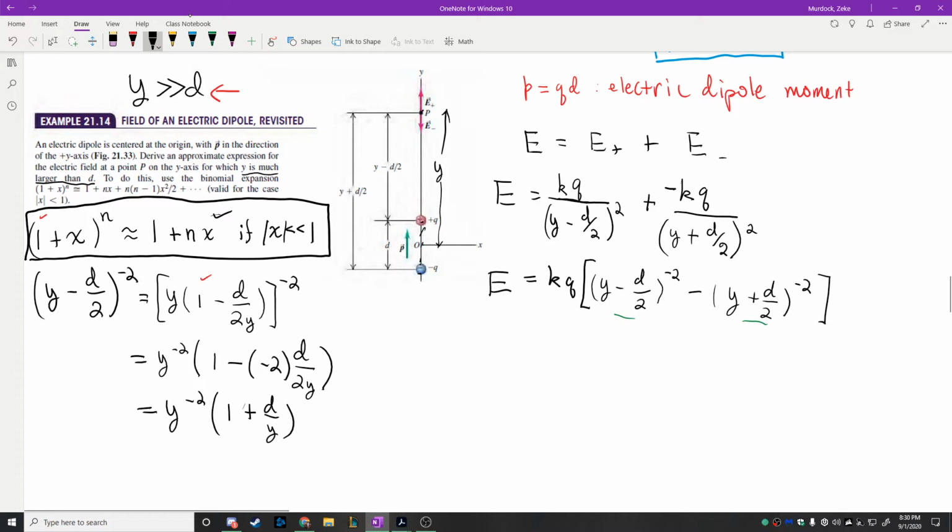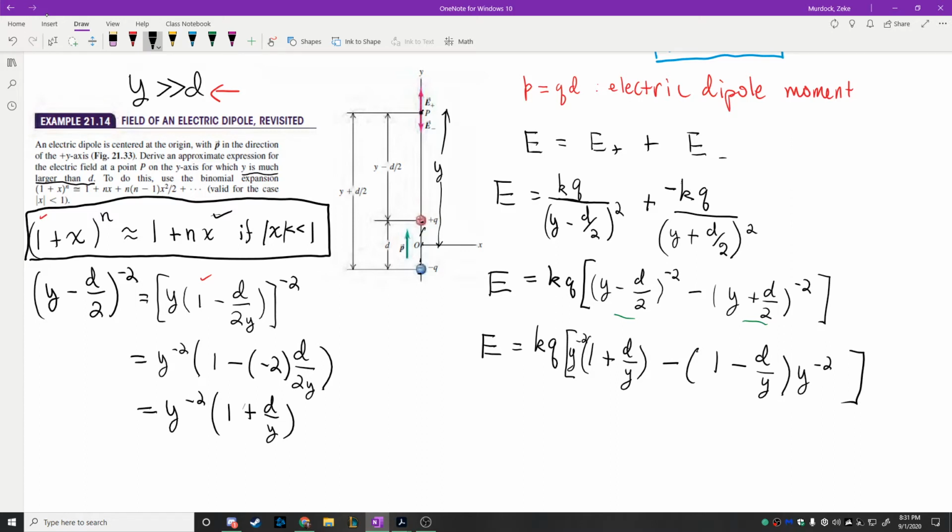So let's see if you guys can follow this. I think you should be able to. The first term is going to become kq. I just drew a y, that was my mistake. kq times (1 + d/y) multiplied by that y to the negative 2, minus, I would argue the second one is going to become 1 minus d over y, also with that same factor of y to the negative 2.